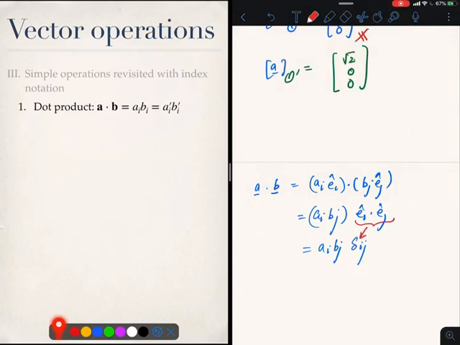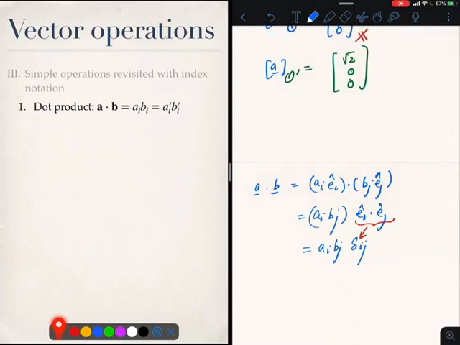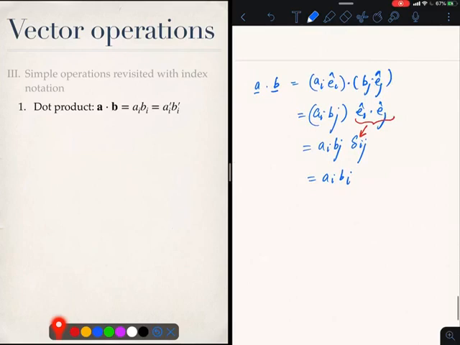And over here now we have a contraction because i, j, j, so this is really Ai Bi.